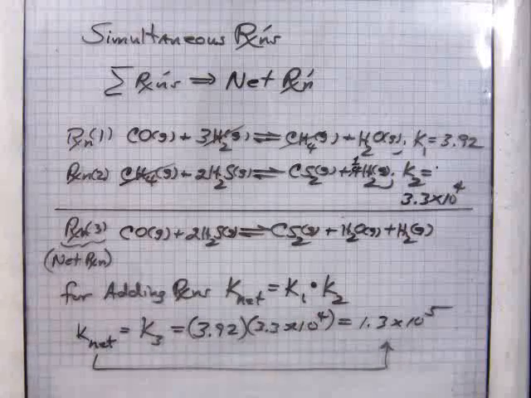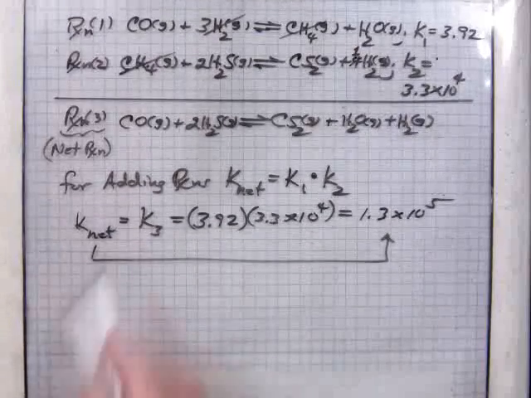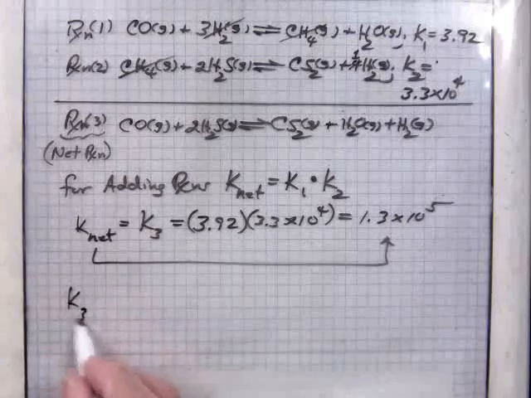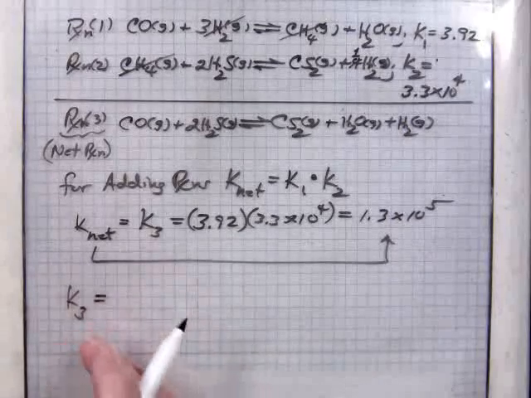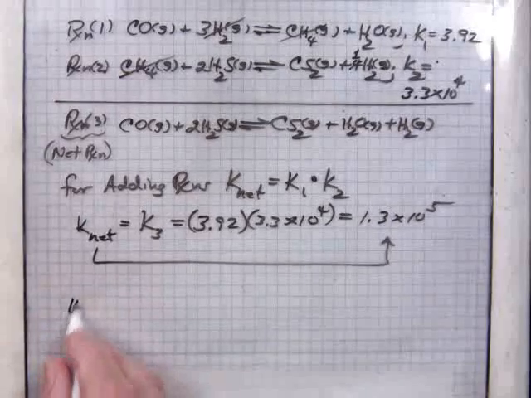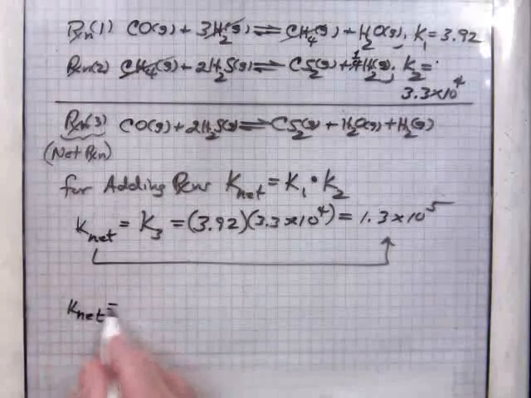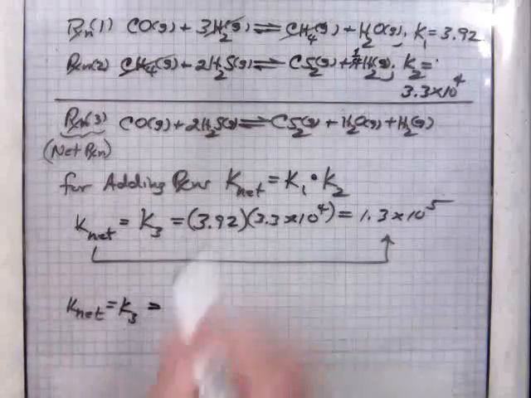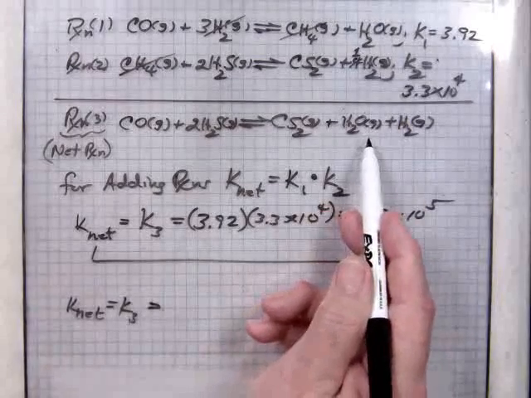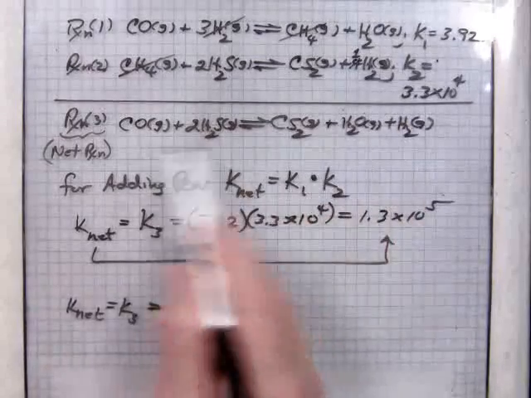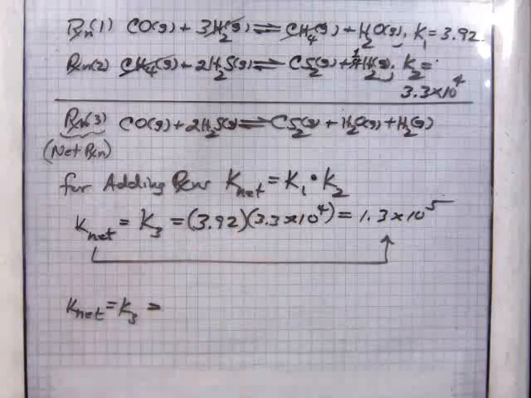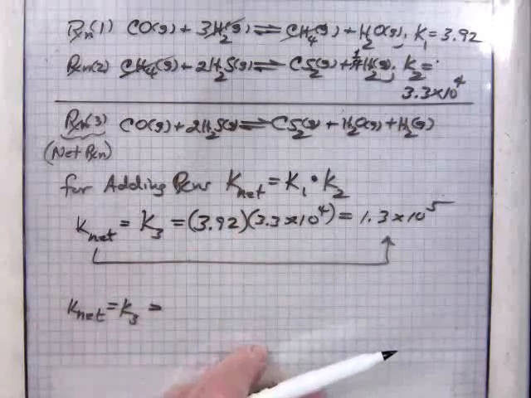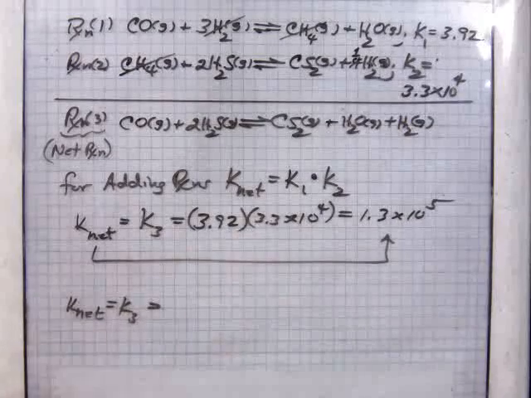And the equilibrium expression now, K net, let me do it that way, K net, so it doesn't confuse somebody later. K3 is the product of the concentrations of products divided by the product of concentrations of reactants raised to the appropriate coefficient values of the net reaction.